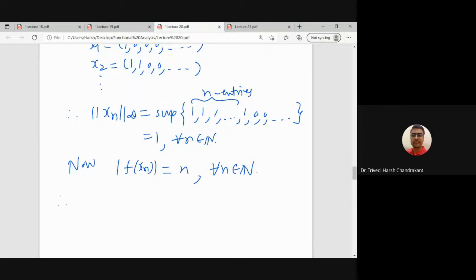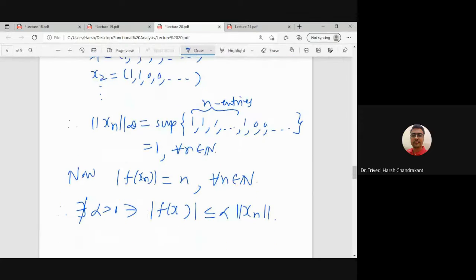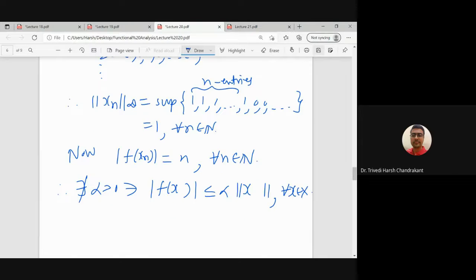Therefore there does not exist alpha greater than 0 such that mod f of xn is less than or equal to alpha times norm of xn. In fact, we need to prove this for every x, but it is not true even for the particular elements xn. So therefore f is not continuous.